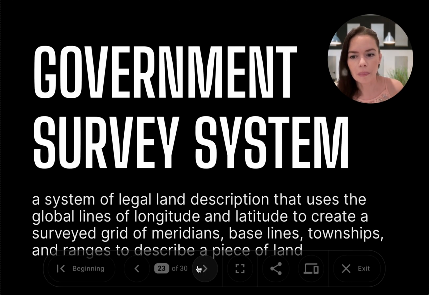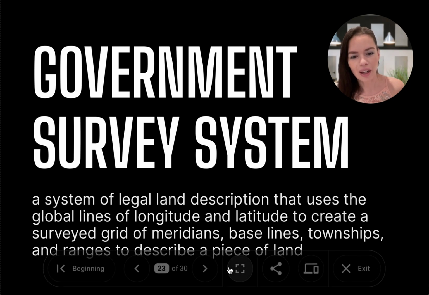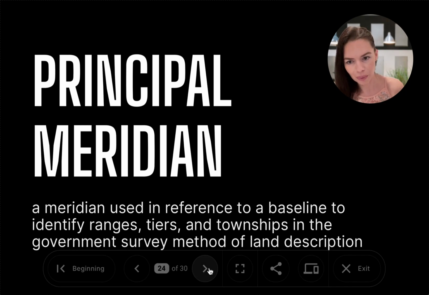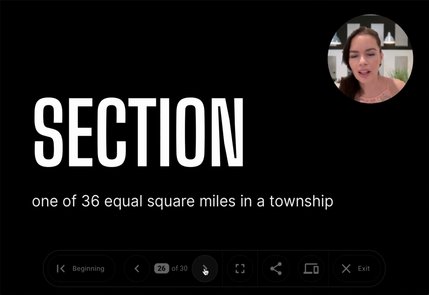Government survey system. A system of legal land description that uses the global lines of longitude and latitude to create a surveyed grid of meridians, baselines, townships, and ranges to describe a piece of land. Principal meridian. A meridian used in reference to a baseline to identify ranges, tiers, and townships in the government survey method of land description. Range. The area of land between two consecutive range lines.